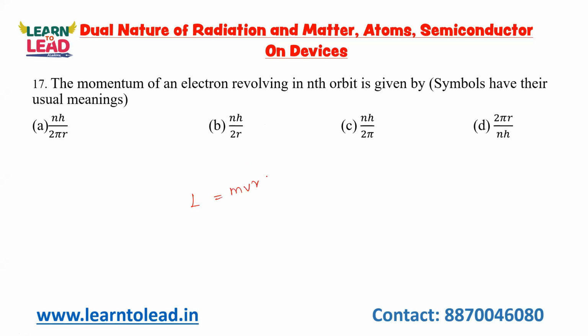Note down this formula. Momentum is equal to mvr, which is equal to nh by 2 pi. So linear momentum is equal to nh by 2 pi r.